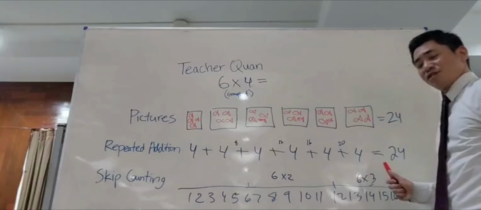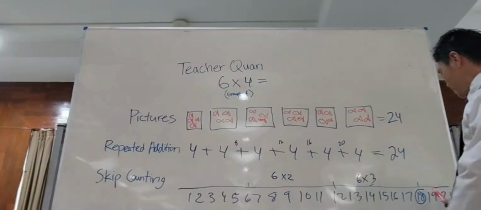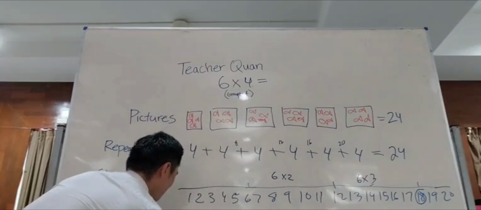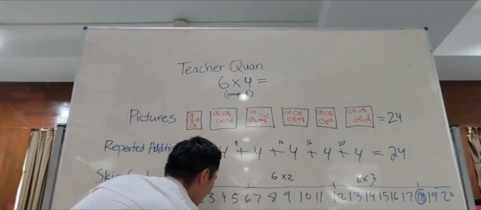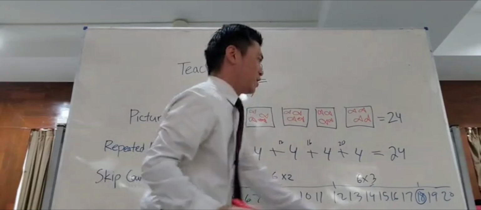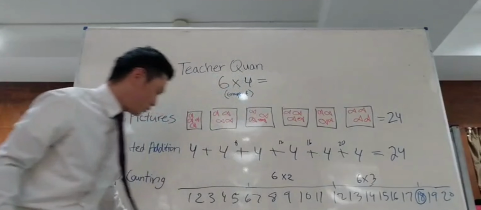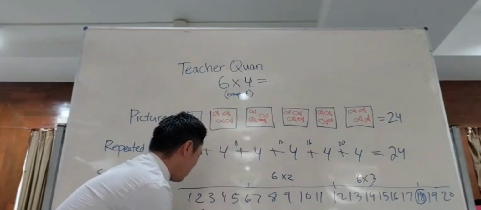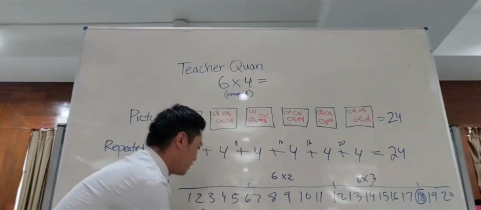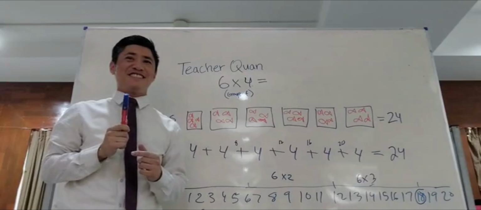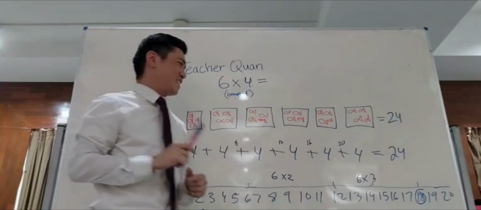We're going to count 6 more times, right? So 1, 2, 3, 4, 5, 6. So we stopped at 24. So that equals 24. All right, kids? You getting this? It's okay.